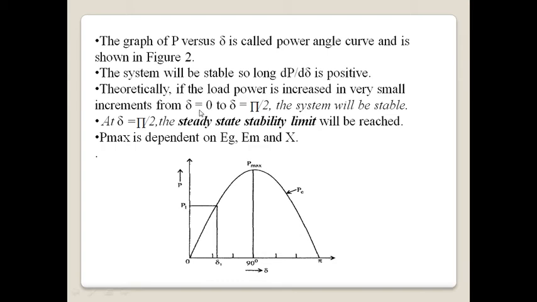From del equal to 0 to del equal to pi by 2, the system will be stable. At del equal to pi by 2, the steady state stability limit is reached.